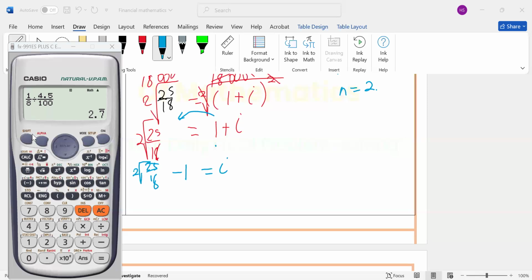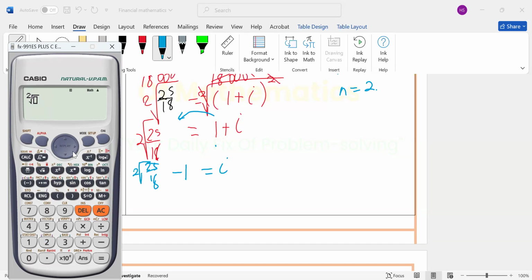So I'm encouraging you to put the root, this one. You're going to say shift, and then you press this root here. And then you change this and say, instead of 3, we have what? 2. The reason why I'm saying let's change that thing is because it's not always 2. If it's a square root, I agree a square root is 2, but it's not always going to be the square root. So we should get used to the idea of changing this thing here.